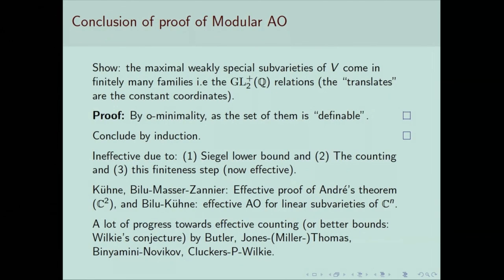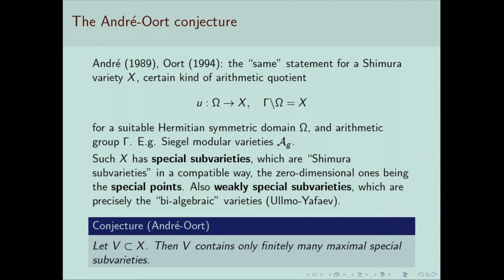So I wanted to talk briefly about the André-Oort conjecture in general. It's the same statement, a conjecture of André and Oort, made in slightly different cases, for a Shimura variety X. I don't want to go into the formal definition, but it's an arithmetic quotient.